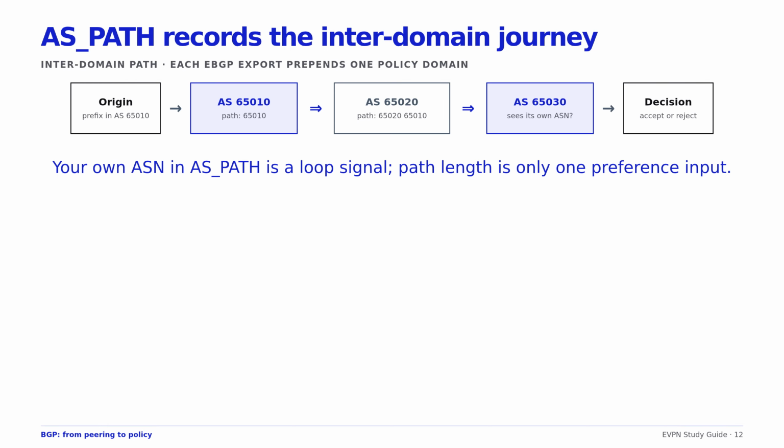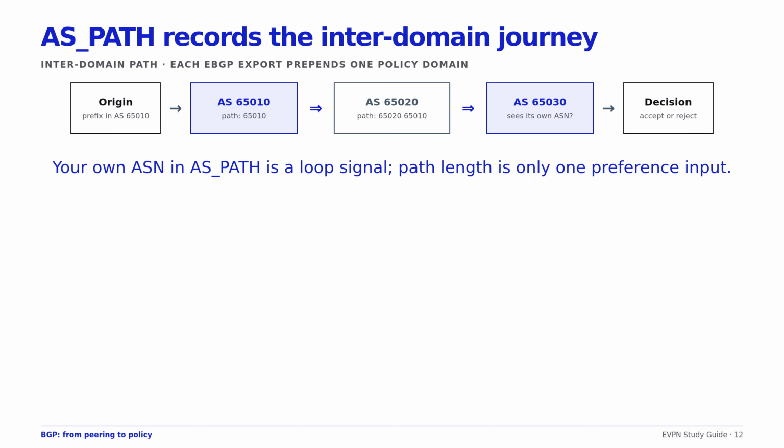AS path is a well-known mandatory attribute that records the autonomous system sequence an advertisement has traversed. When an eBGP speaker exports a route, it normally prepends its own autonomous system number. If a receiving speaker finds its own number in the path, the route is rejected as a loop. The path also becomes a policy signal.